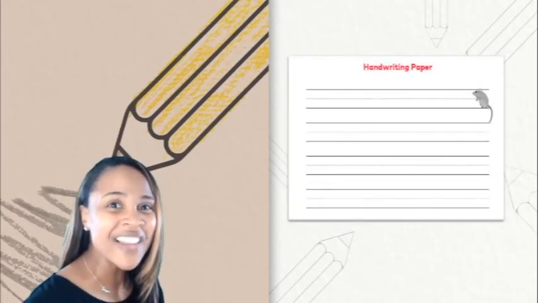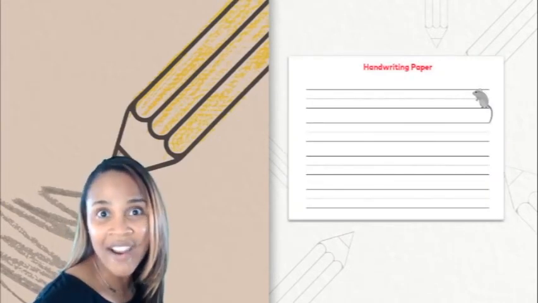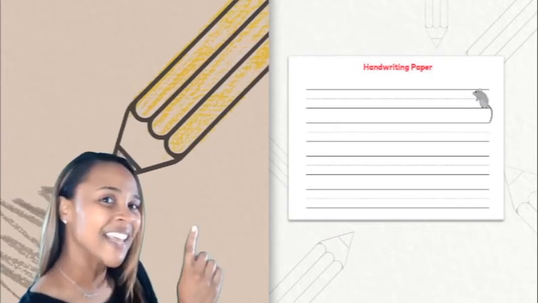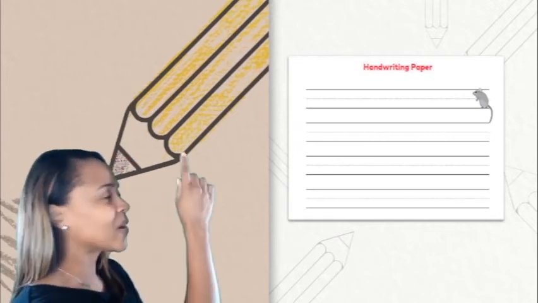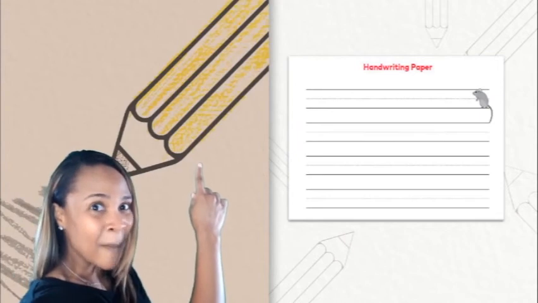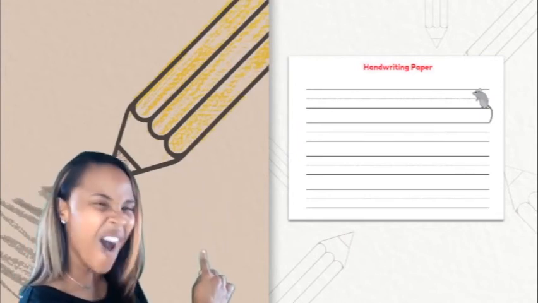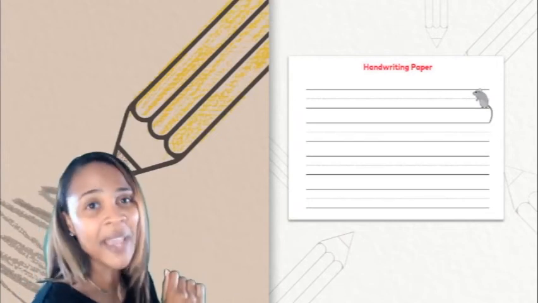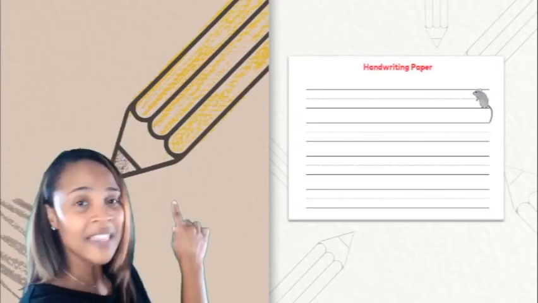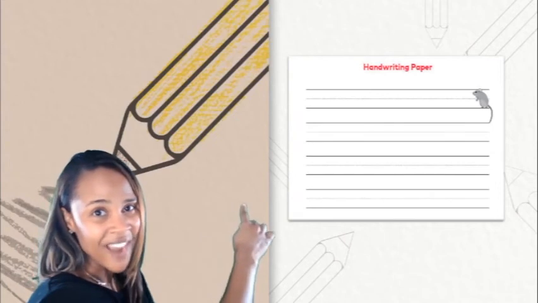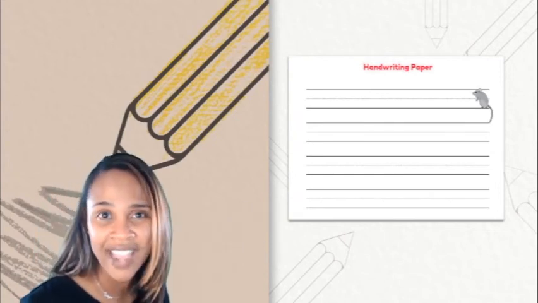All right, now let's try practicing on our handwriting paper. Let's get our fingers ready. We're going to put our finger at the top line and drag it past the belly line all the way to the foot line. Pick our finger up, come to the belly line, and cross right there from left to right.